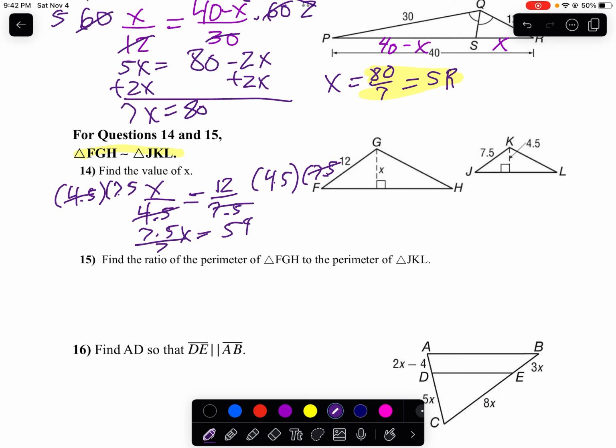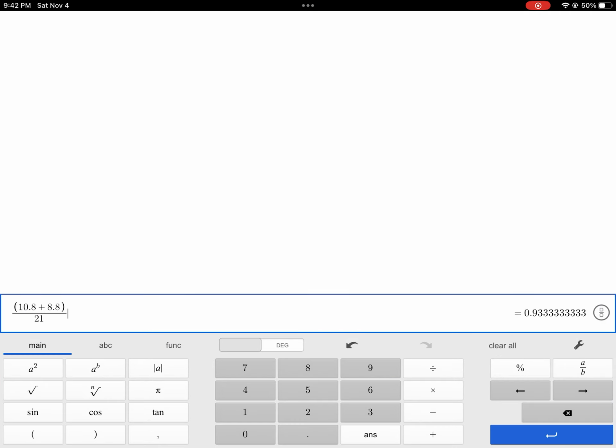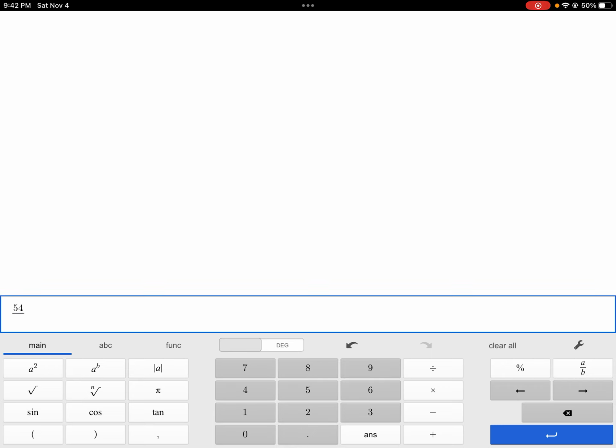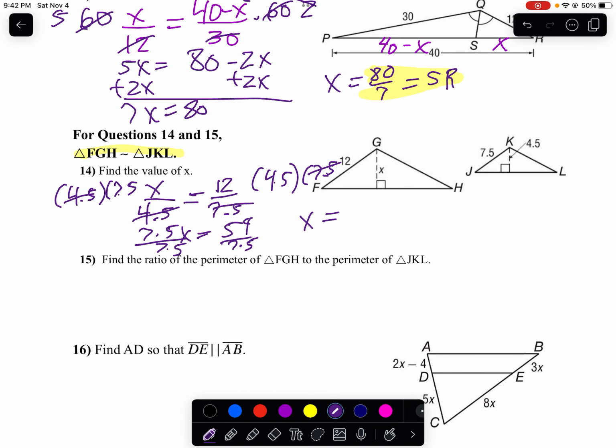Then I'll divide both sides by 7.5. So x is 54 divided by 7.5. I think we'll do that as a decimal. If we take 54 divided by 7.5, we get 7.2. And there is our answer for that question.